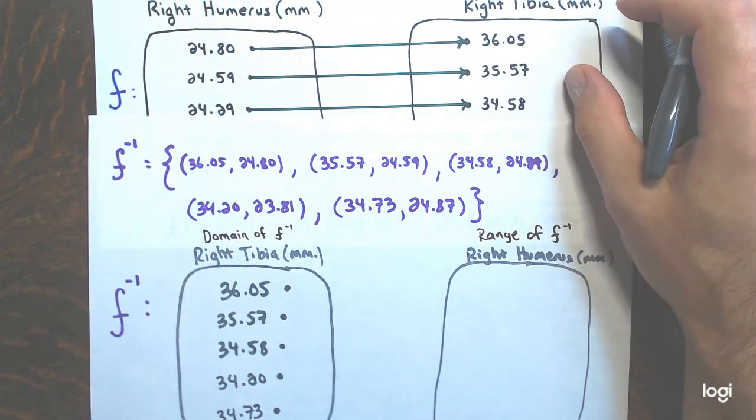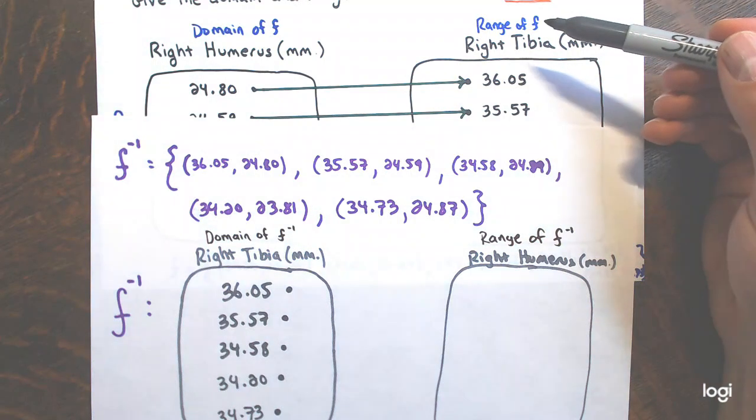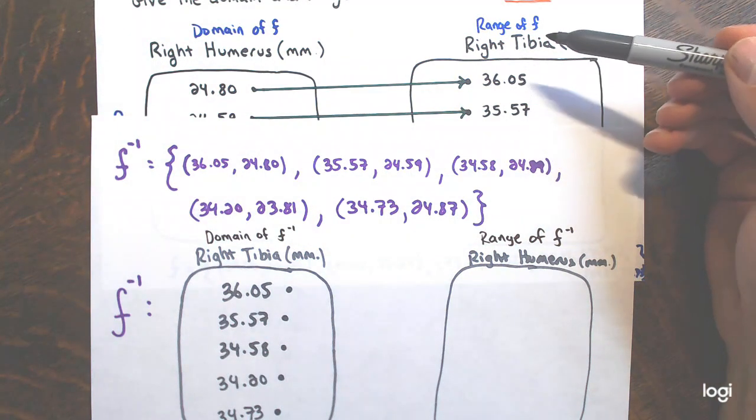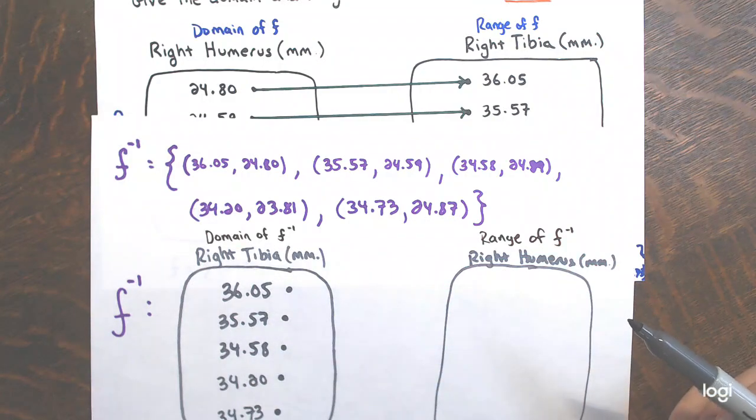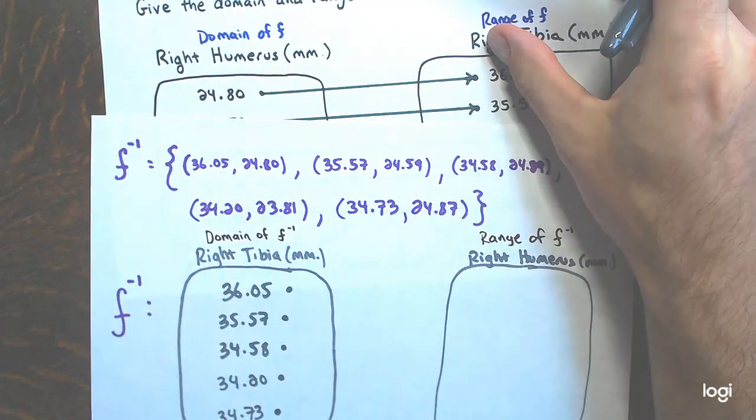You're going to notice when you do these inverses that the values in the range of the original function are the values of the domain of the inverse function. And then the domain becomes the range.